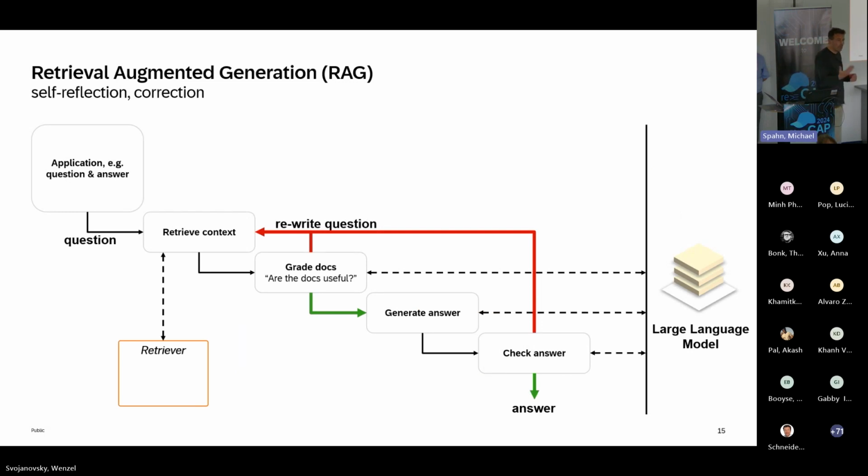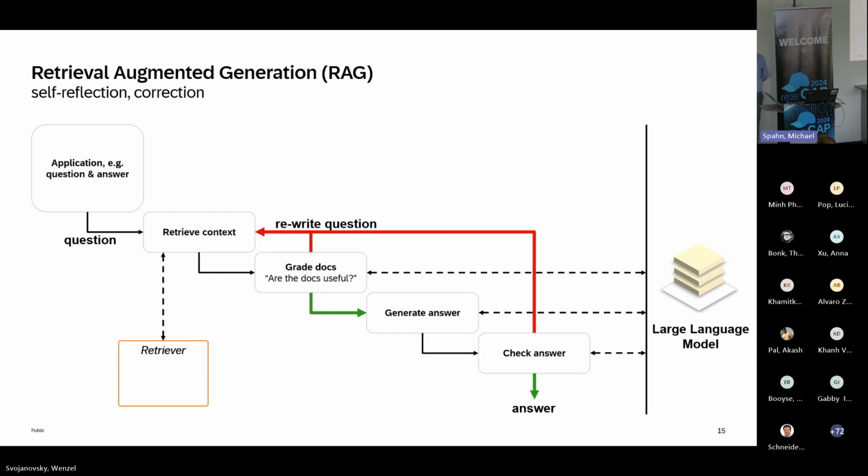And last but not least, what we've seen is plain vanilla, simple RAG, where you just pose the question and get some context. There are more advanced techniques out there, for example, self-reflection or self-correction, where you retrieve the context in the first step, but then hand this retrieved context over to a large language model and ask it, hey, please assess these documents. Are they useful? Are they related to the question? Can I answer the question based on that document? And based on the decision, if these documents are not useful, you can decide to rewrite the query and retry the context gathering.